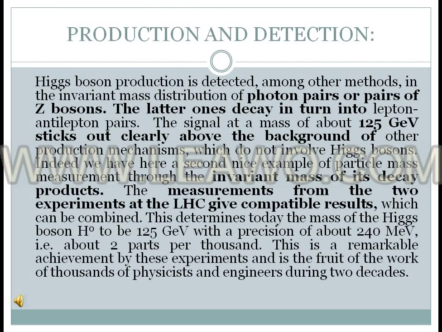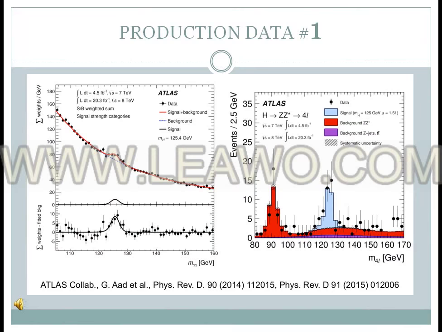This is a remarkable achievement by these experiments and is the fruit of the work of thousands of physicists and engineers during 2 decades. This is the data from the ATLAS experiment at CERN, Geneva. This proves the existence of the Higgs boson as well as the precision of 240 MeV.